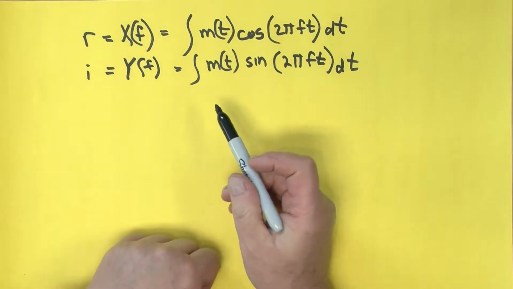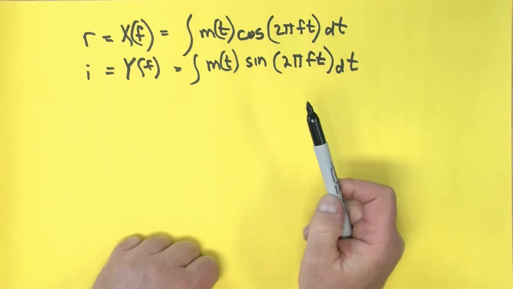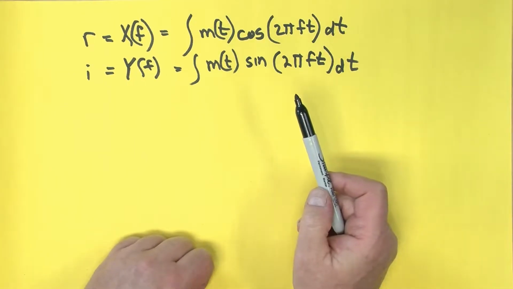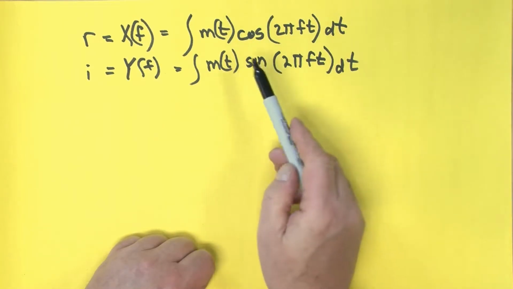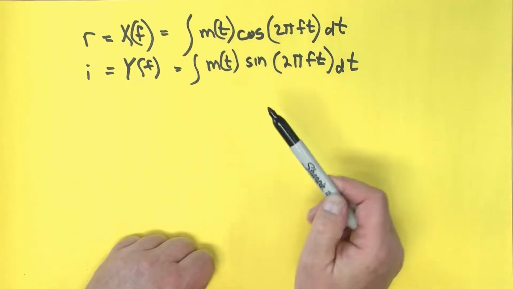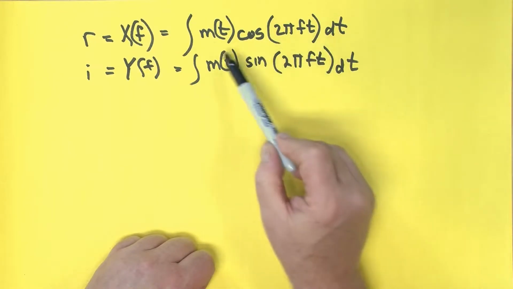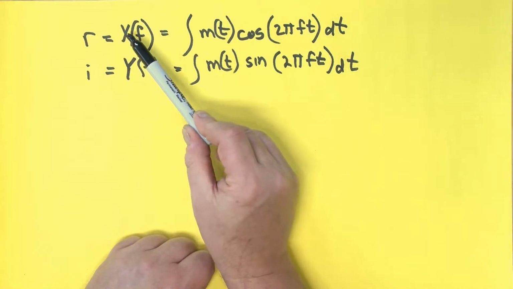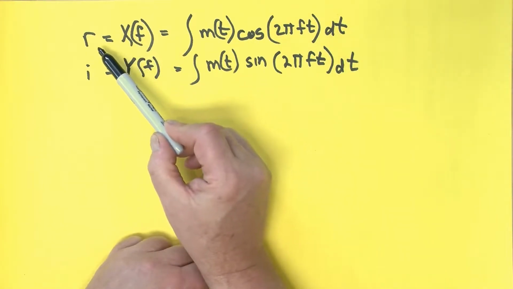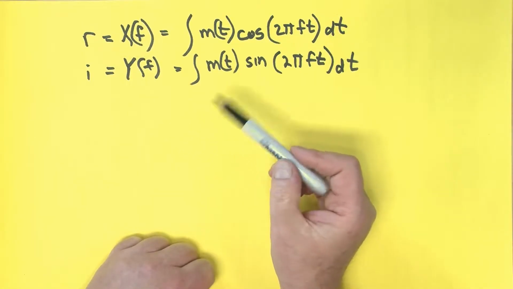So in the last video, we ended up with these two equations to get our spectrum. What we decided was multiplying the mystery waveform times cosine 2 pi ft and integrating all of that got us the x value, or more realistically, the real value of the result.